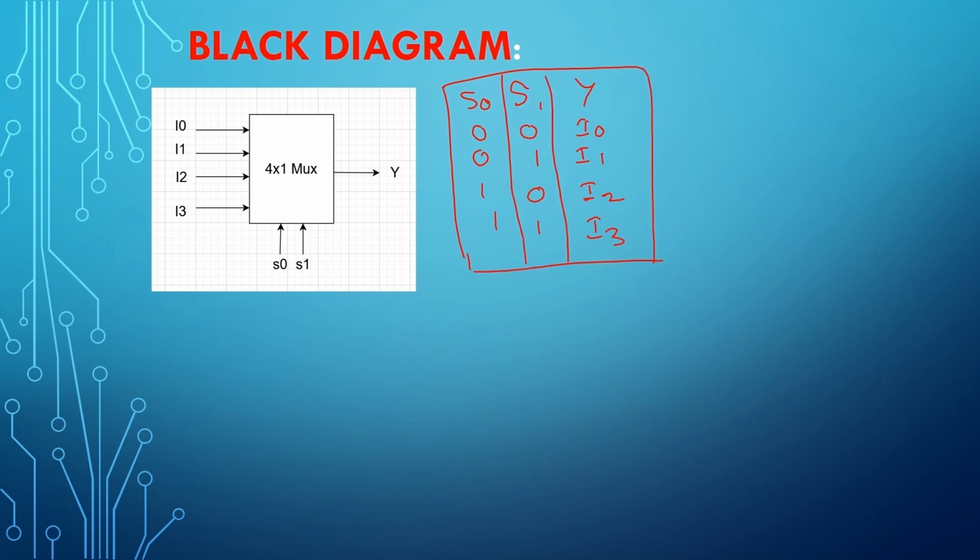From this truth table, we can write the logical expression as Y is equal to S0 bar S1 bar into I0 plus S0 bar S1 into I1 plus S1 into S0 bar into I2 plus S0 into S1 into I3.